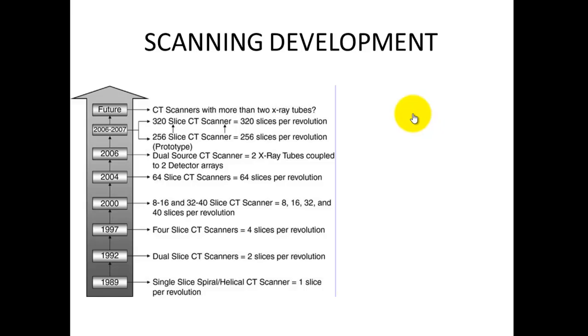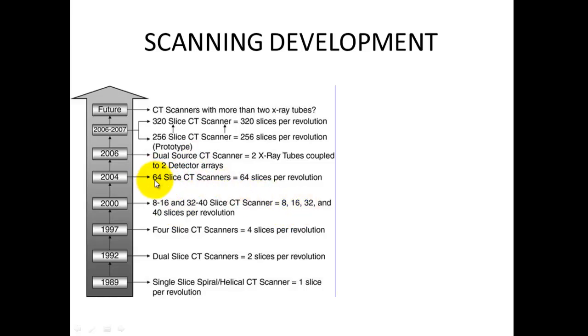So the future is now. 320 is already out there. I just mentioned 640. And for the record, you can probably take a guess how these things work in terms of slices. You start with 4, you go to 8, then it keeps doubling and doubling.